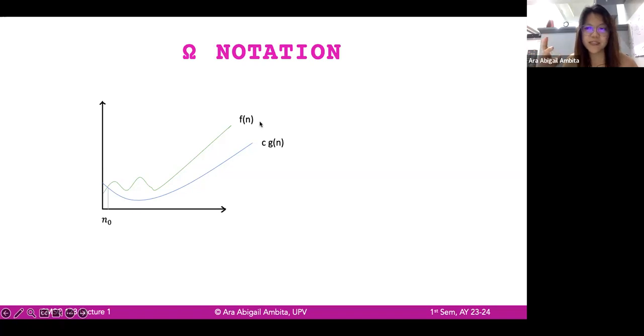So here it is reversed. In the big O earlier, f of n is less than or equal to cg of n. But in the big omega notation, the function f of n is greater than or equal to cg of n for all inputs that are greater than or equal to this input size n naught.